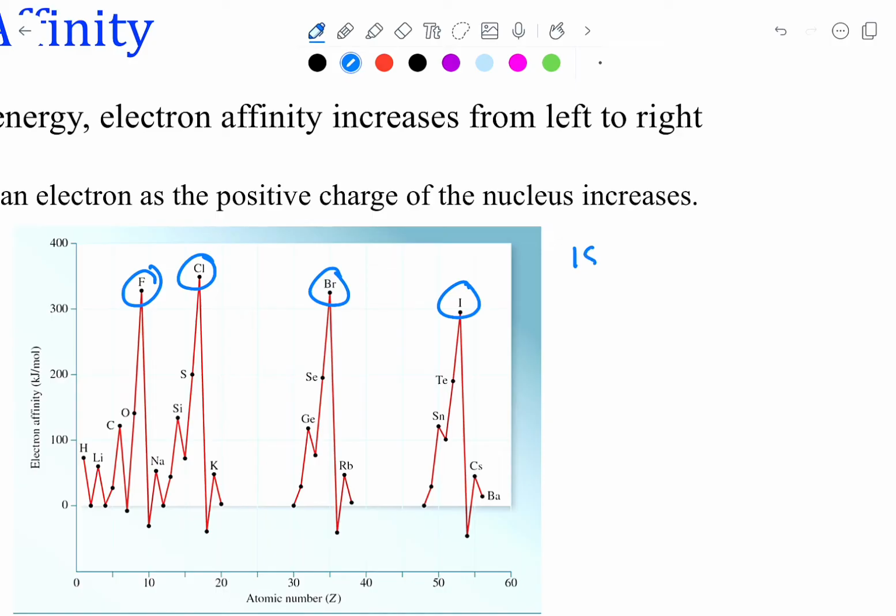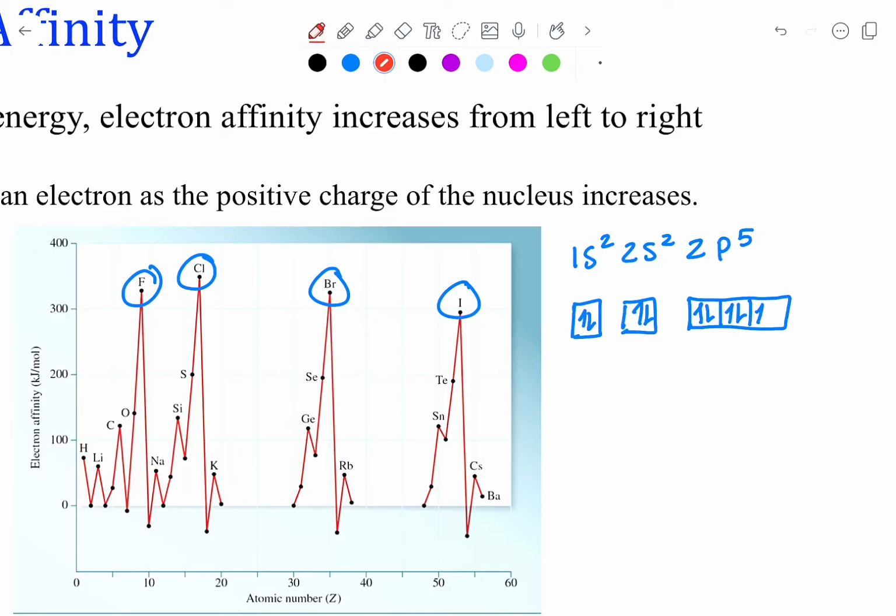That's 1s2, 2s2, 2p5. Okay, so its orbital diagram is 1s2, 2s2, 2p5. Okay, so fluorine, chlorine, bromine, iodine, they all have this s2p5 thing where they're missing one electron.